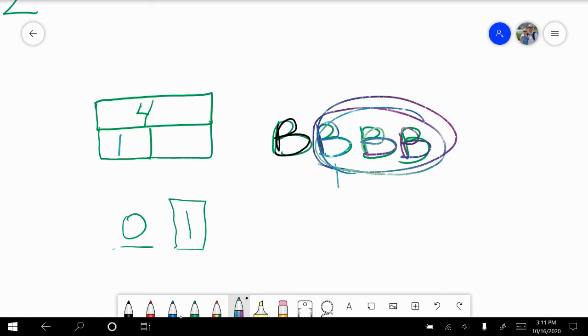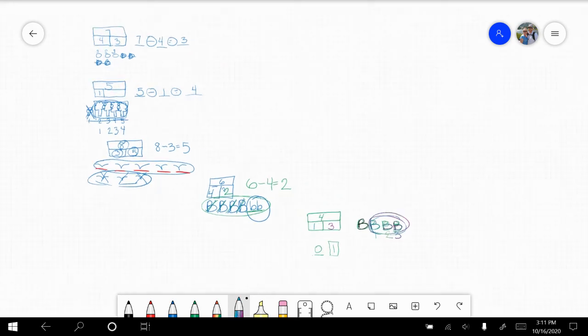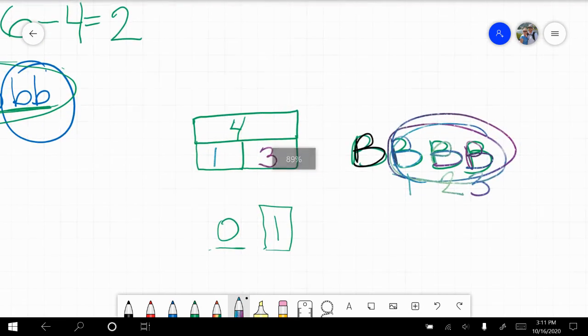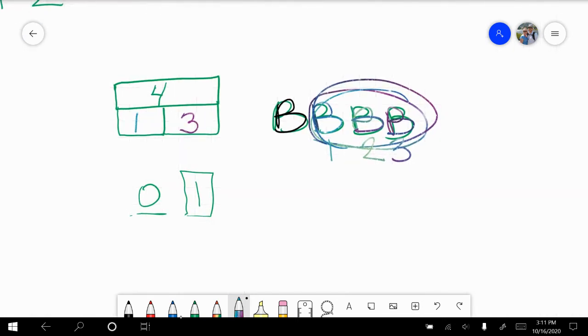We've got 1, 2, 3. So we have 3 brown bears. If we wrote a math problem with this, it would be 4 minus 1 equals 3. You did a really good job.